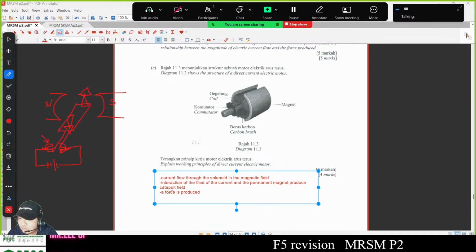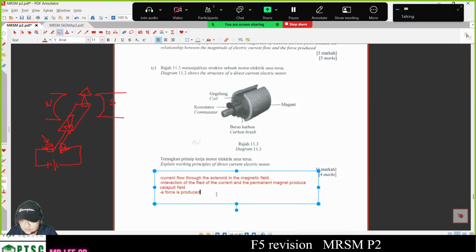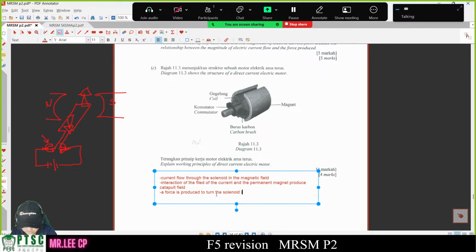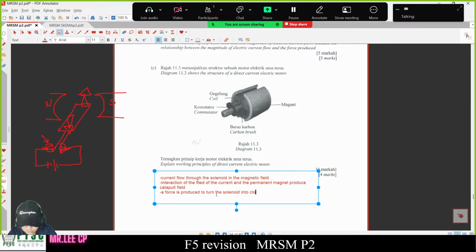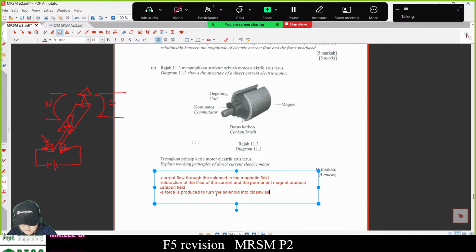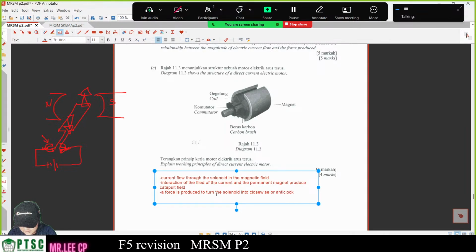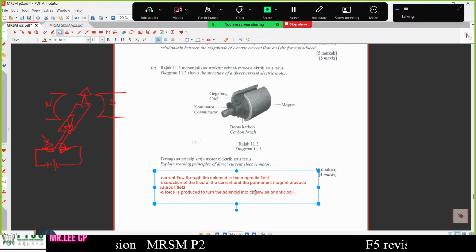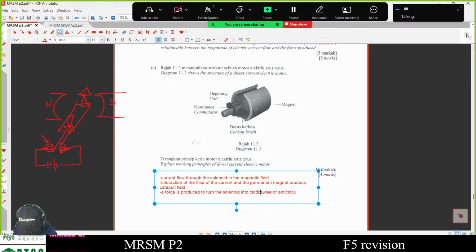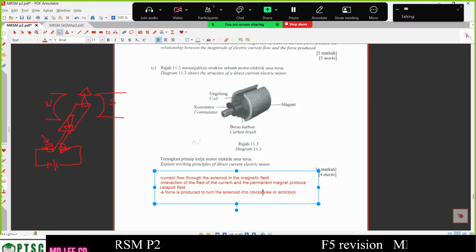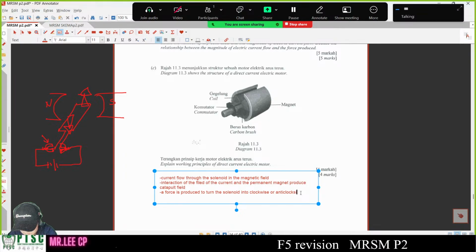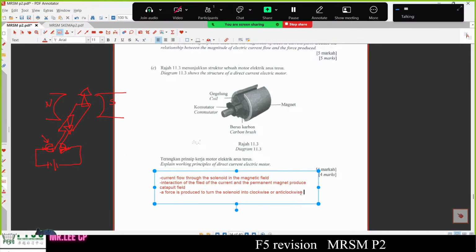The force is produced to turn the solenoid into clockwise or anti-clockwise direction.